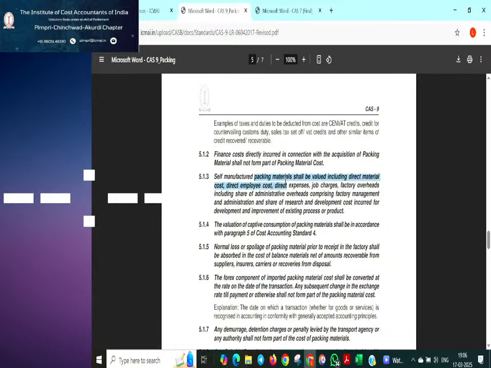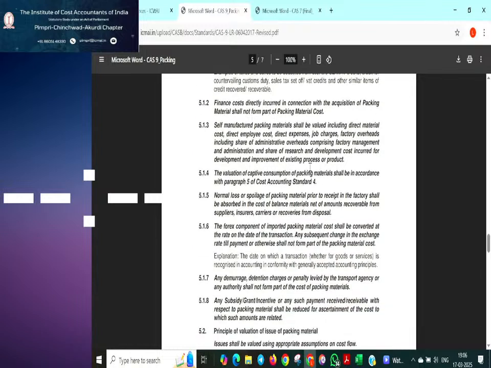Sometimes packing materials could be self-manufactured. If you are manufacturing in your own factory, then in that case it will include all the cost that needs to be included for it, like direct material, direct employee, direct expenses, job charges, factory overheads. So all these things will be taken into consideration.